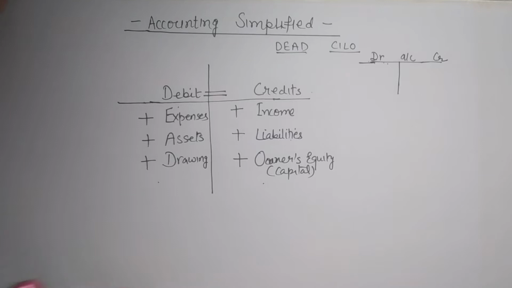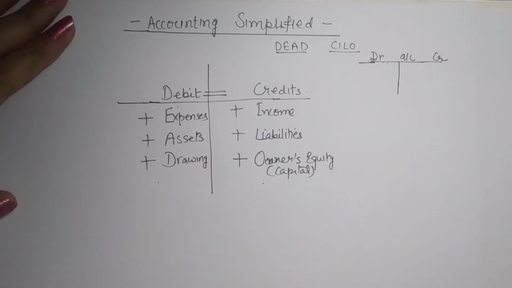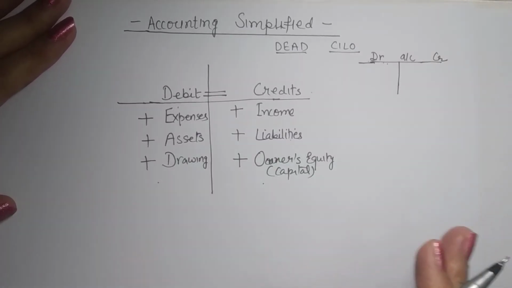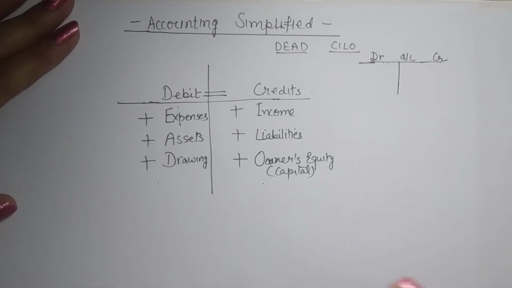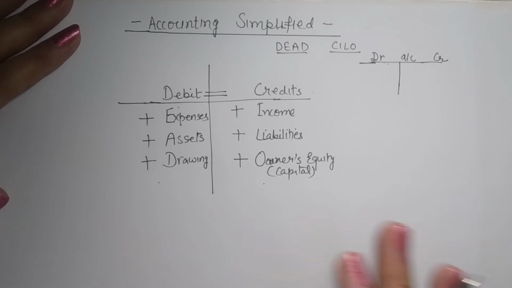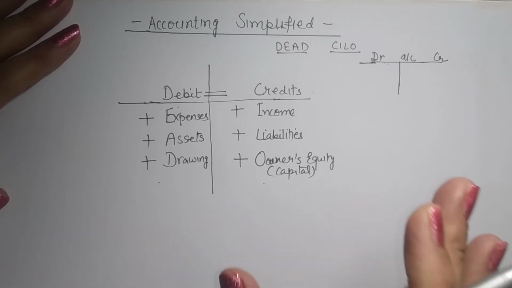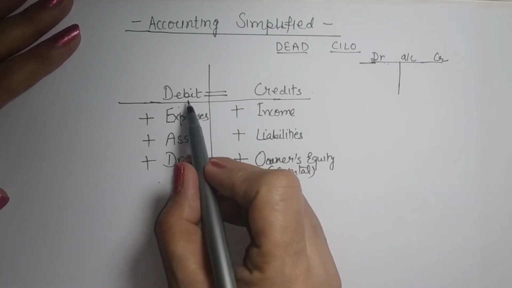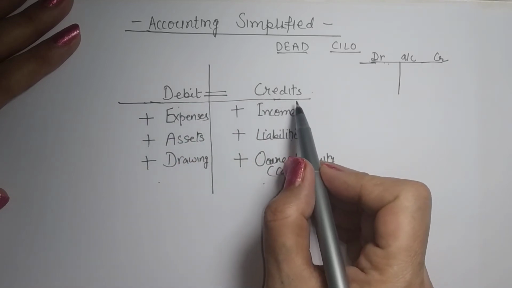So when we pass an entry, debit and credit are equal. When we compile the accounts, we make the two sides equal to balance the account. Then when we put the balances in a trial balance, again these are equal. The trial balance and all accounting we will study later on, but right now just remember that debit will always be equal to credit.